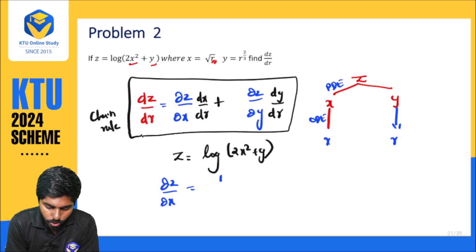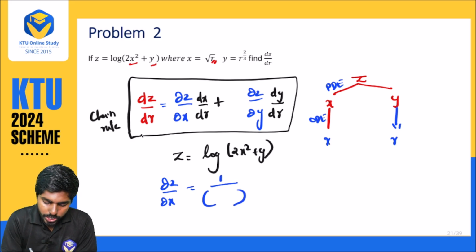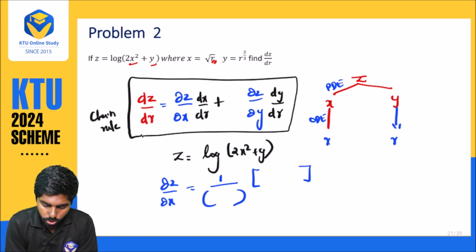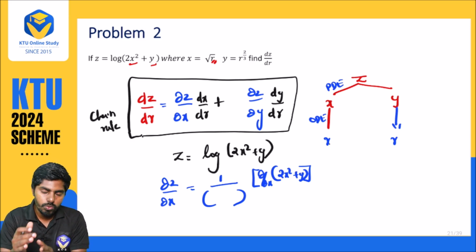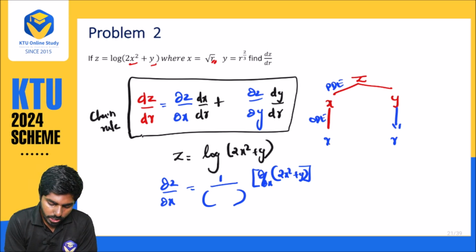It will become 1 divided by the bracket. Inside the bracket x is present, so we take the partial derivative of x inside the bracket, that is 2x square plus y.